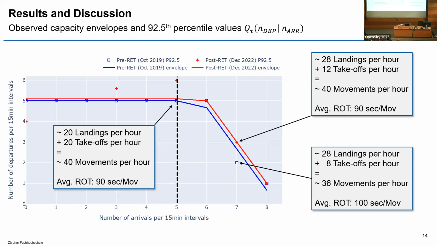Whereas after the installation of the RET, the total number of movements per hour could be increased by 4 movements, and the average runway occupancy time could be decreased by 10 seconds. So again, this is an indication that rapid exit taxiways increase the capacity of an airport.